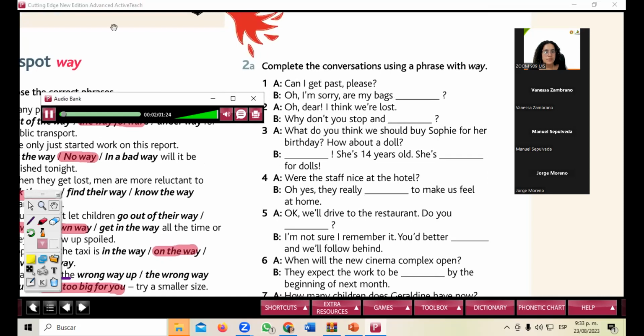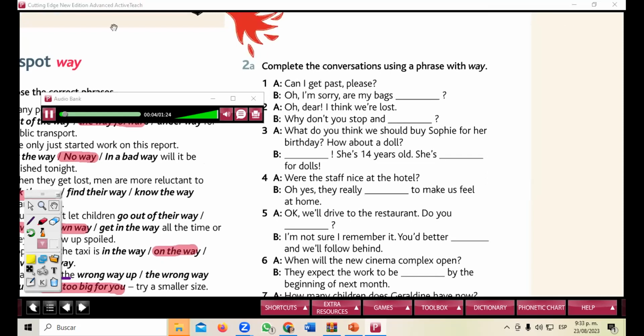Recording 3. 1. Can I get past, please? Oh, I'm sorry, my bag's in the way. I'll put them up in the locker. 2. Oh dear, I think we're lost. What do you think we should do? Why don't you stop and ask the way? 3. What do you think we should buy Sophie for her birthday? How about a doll?